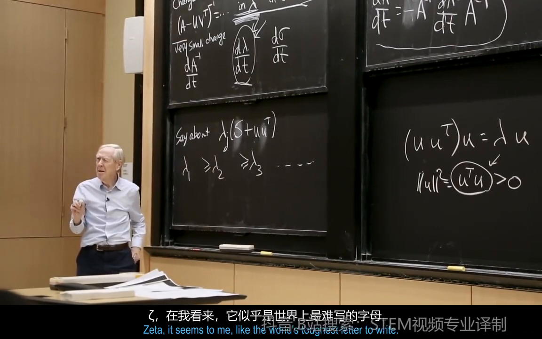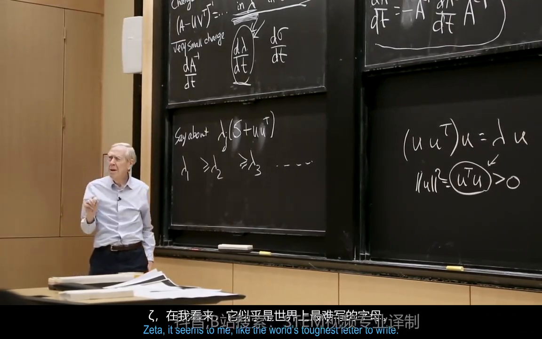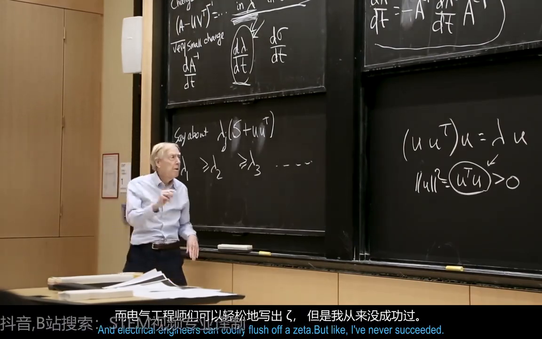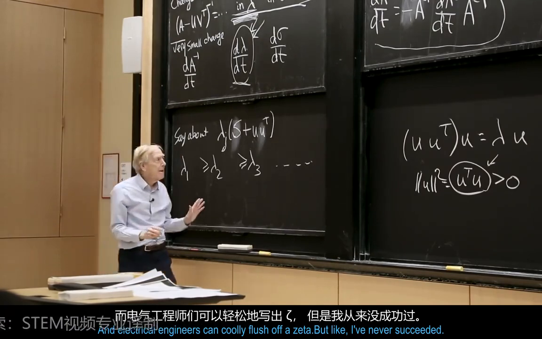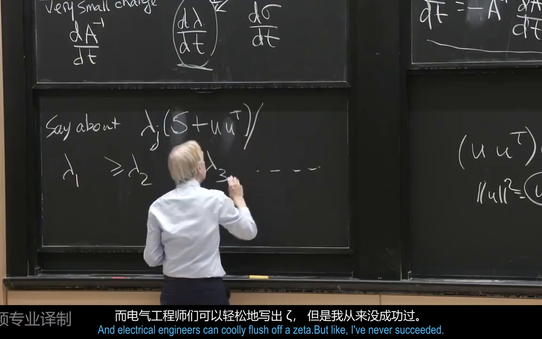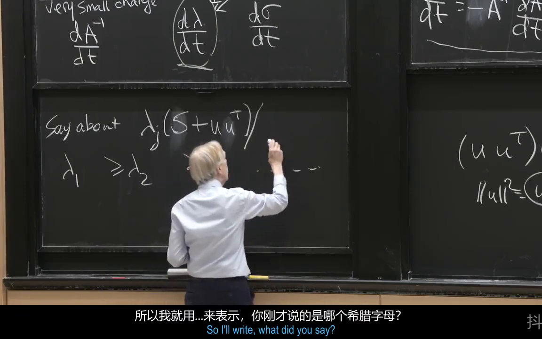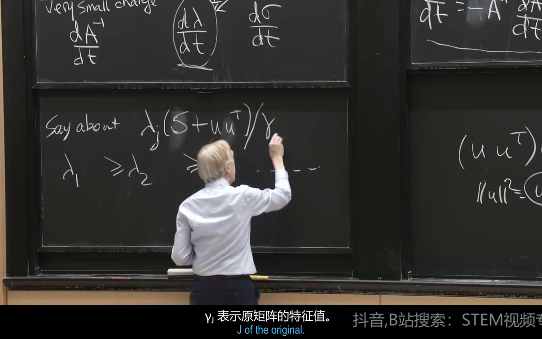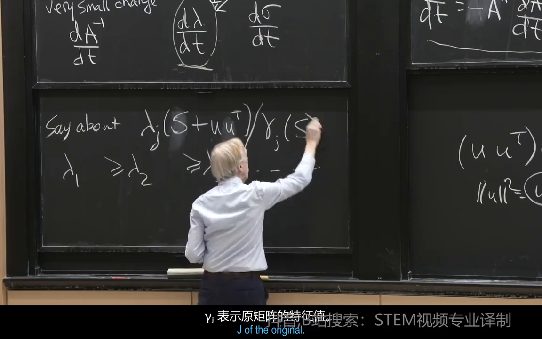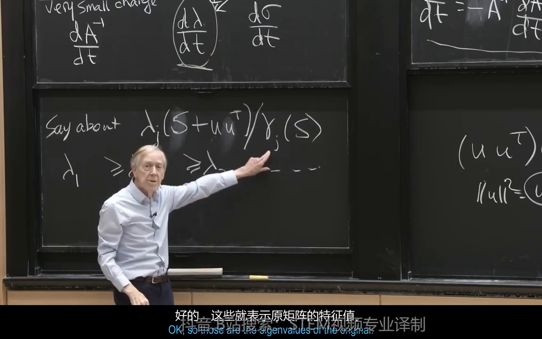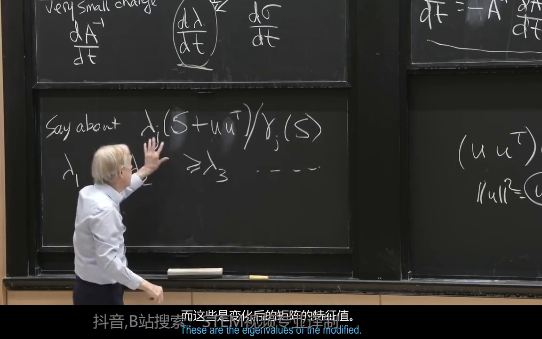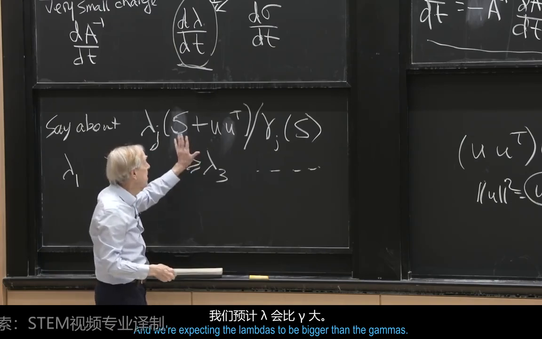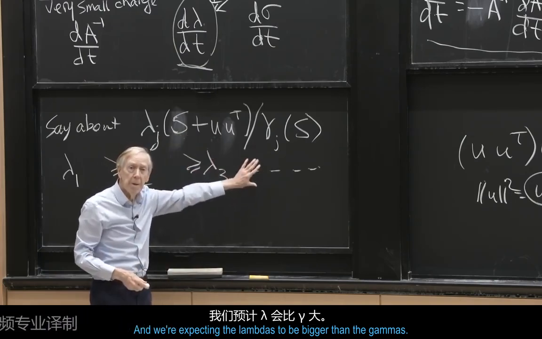Zeta seems to me like the world's toughest letter to write, and electrical engineers can coolly flash off a zeta, but I've never succeeded. So I'll write, what did you say? Gamma.